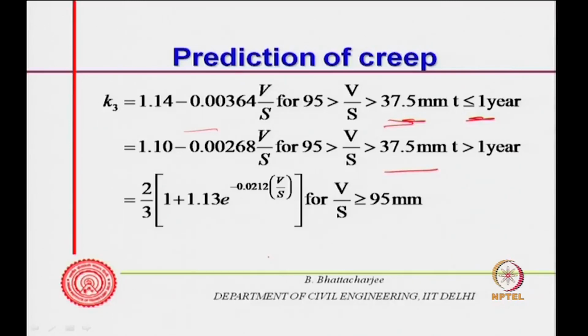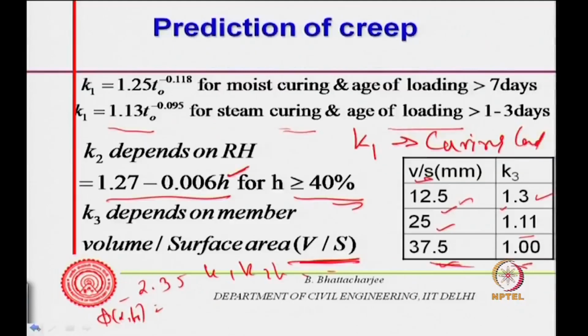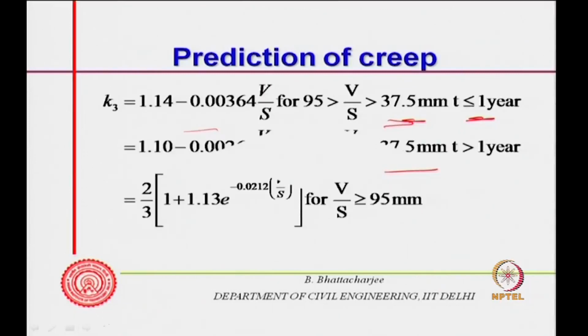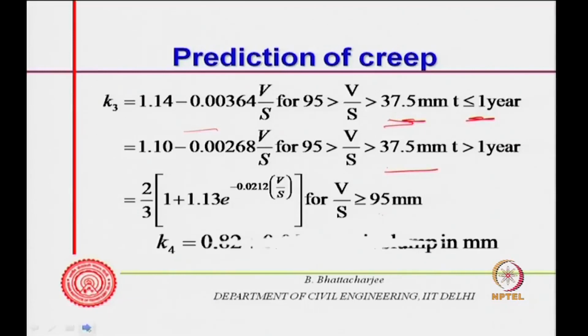For up to 37.5, this table was good enough, 12.5 to 37.5. For other values, this formula is also given. For T more than 1 year and T less than 1 year, two formulas are given, and for V by S greater than 37.5, up to 95 mm, those values are given.